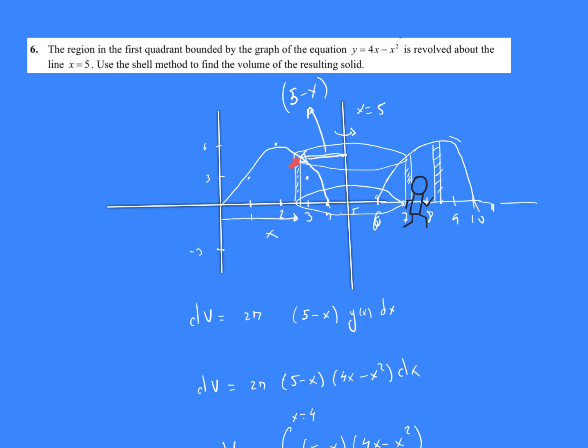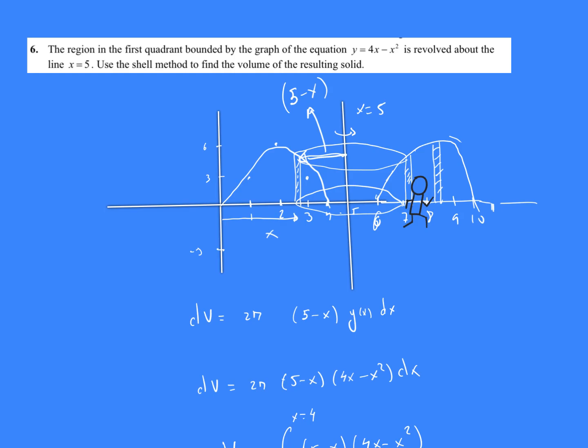The height of the door is y of x. And the size of the door, the area of the door, is y of x by dx. So this is the expression of the small volume when I revolve it through the axis x equals 5, that is a parallel axis to x equals 0, or the y-axis.